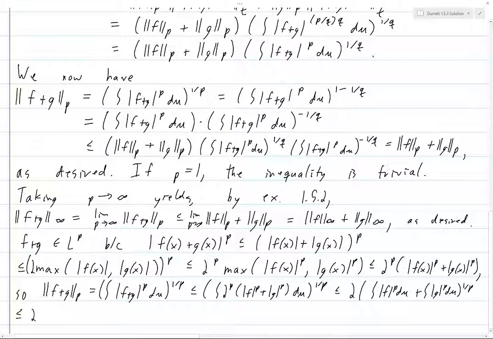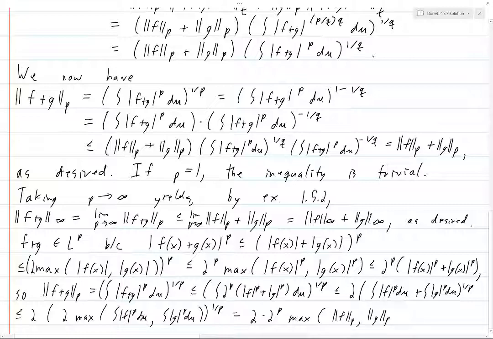It's going to be less than or equal to 2 times the maximum of the integral of f to the p d mu and the integral of g to the p d mu, to the 1 over p, which is going to be precisely equal to 2 times 2 to the p times the maximum of the p norm of f and the p norm of g, which will be finite because the p norm of f and the p norm of g are both finite.